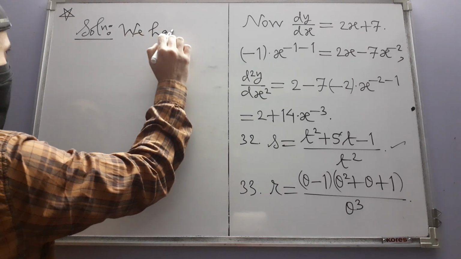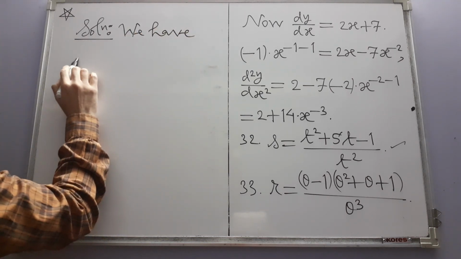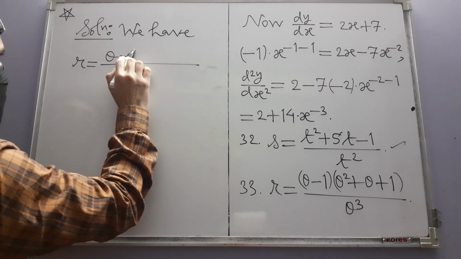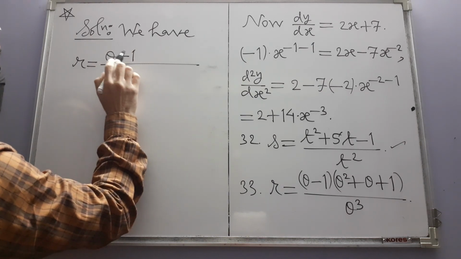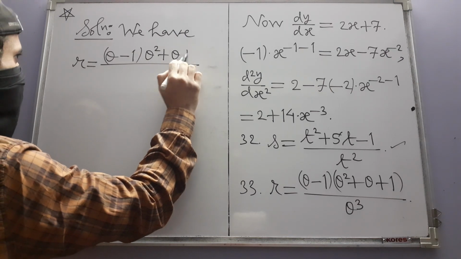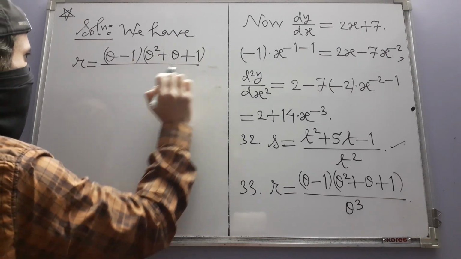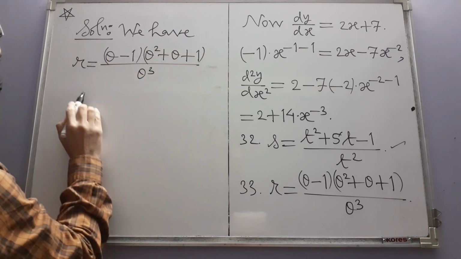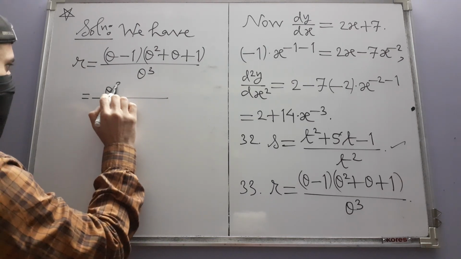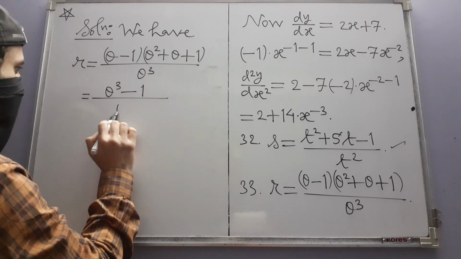We have r equal to theta minus 1 times theta squared plus theta plus 1 divided by theta cubed. The numerator is simply theta cubed minus 1.